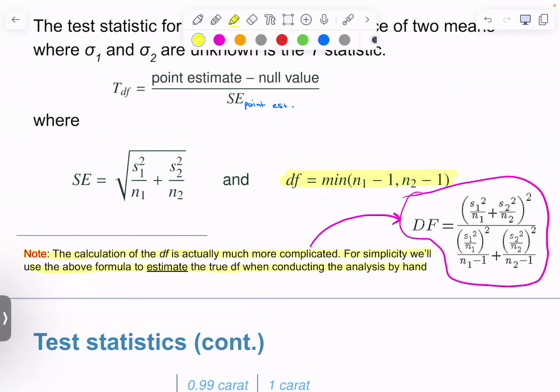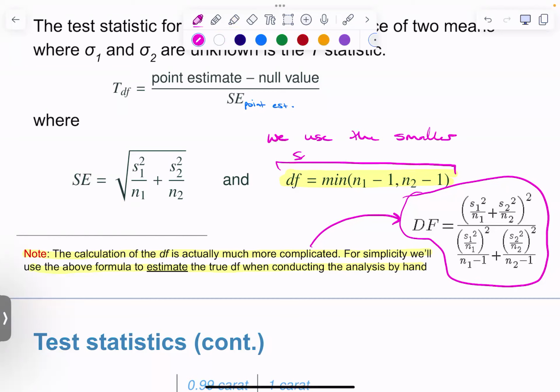If you tell me that that's what you're going to do, I'll be fine with it, right? But on your formula sheet, we'll have you have the smallest sample size minus 1. And so here we use the smaller sample size minus 1.